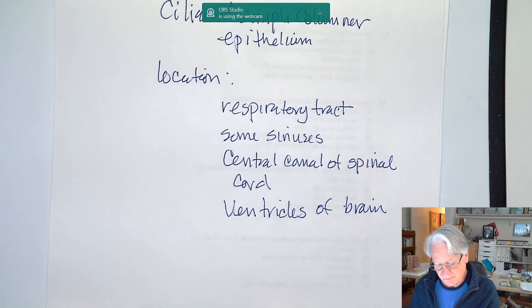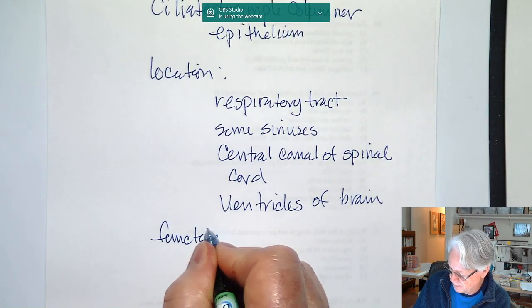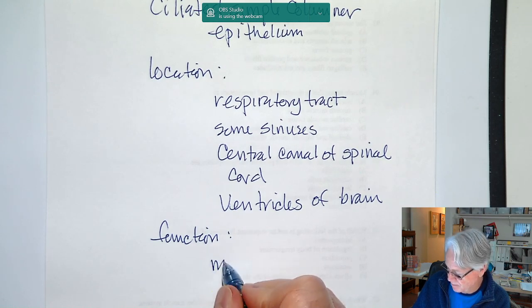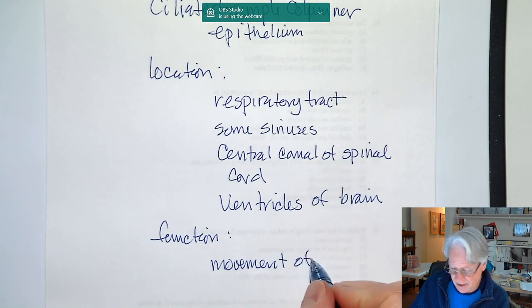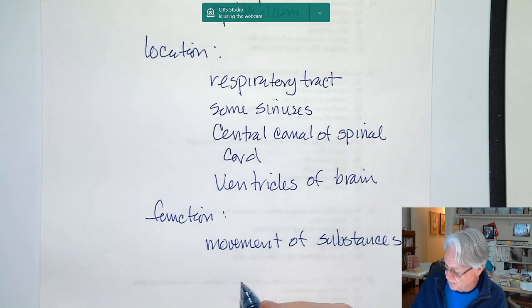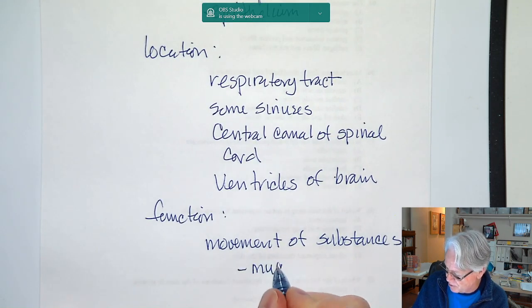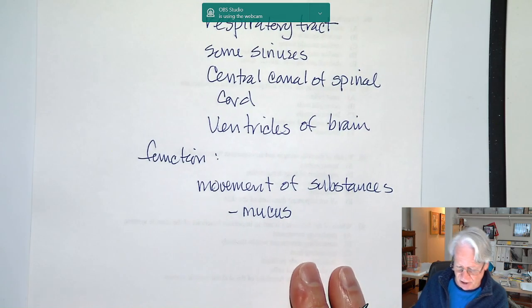Okay. And the function here is movement of substances, not the cells, of something on the cell surface. So most of the time we're talking about mucus, the movement of mucus, but not always.